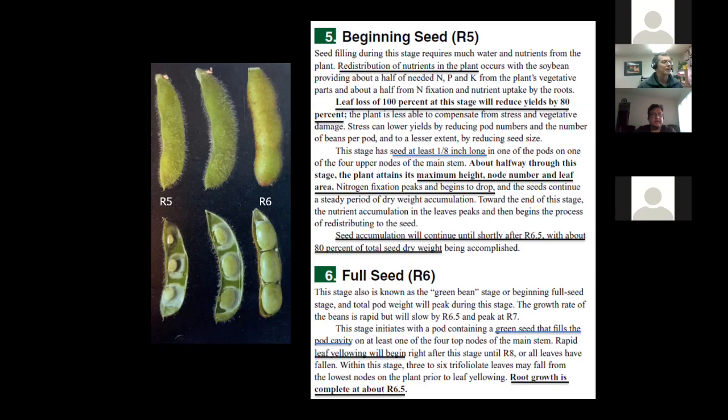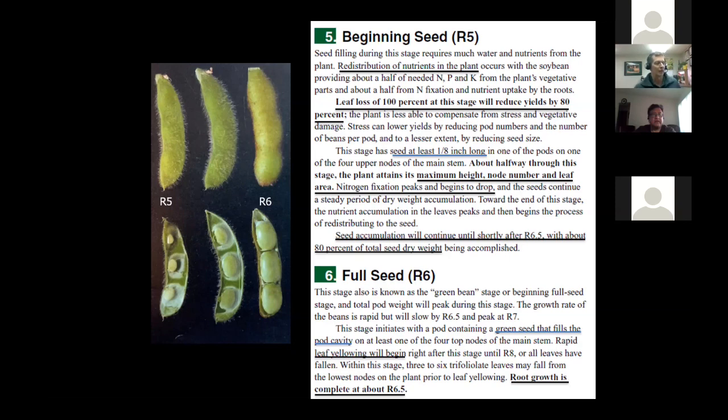And then at the end of this narrative for R5, seed accumulation will continue until shortly after the halfway mark at R6, which is full seed, where if you dissect a pod that's located in the upper 4 nodes of the plant, the seed will fill the entire cavity of the pod.